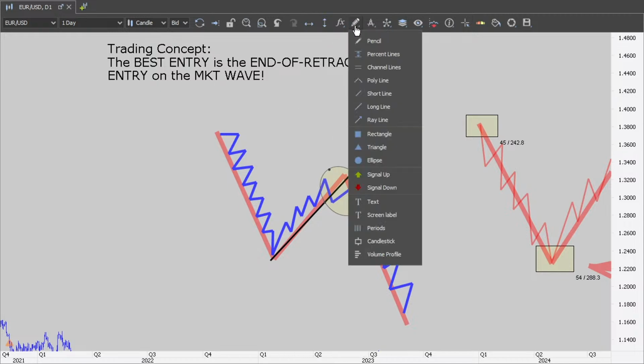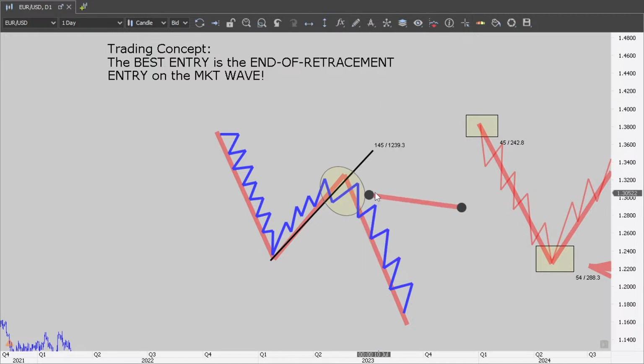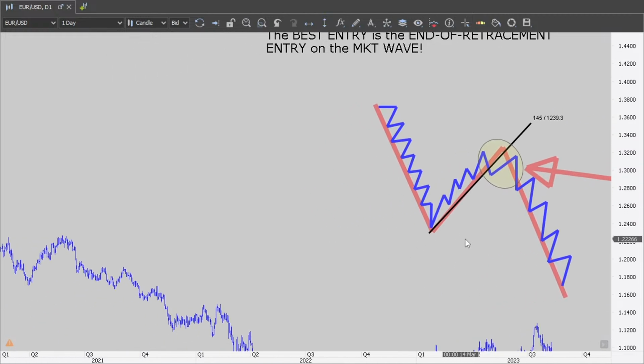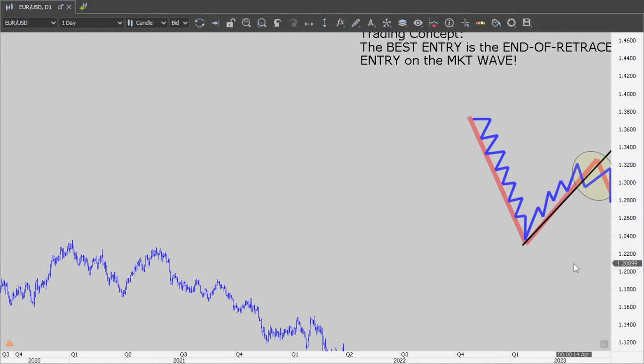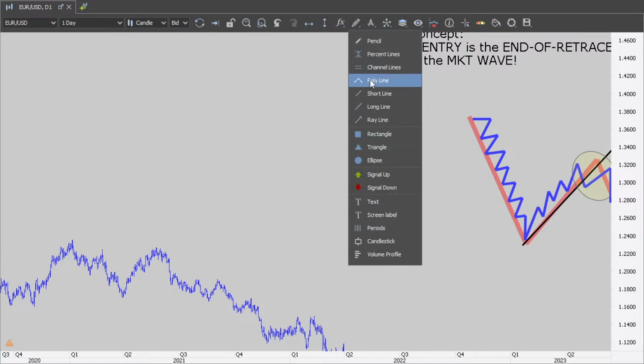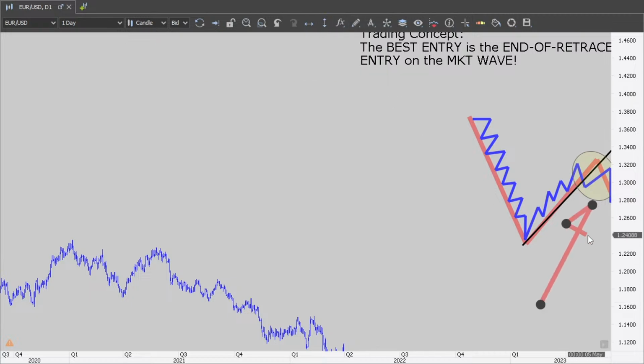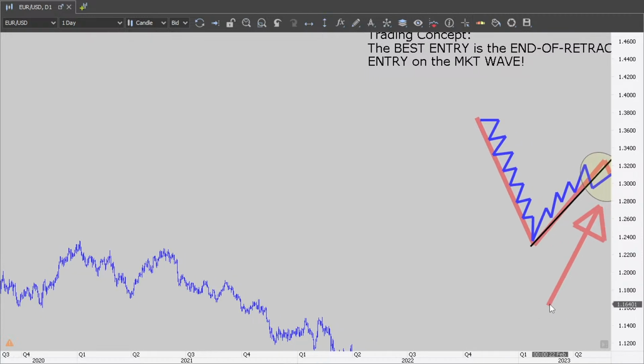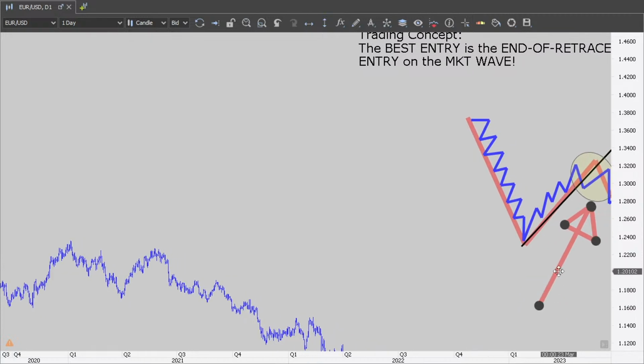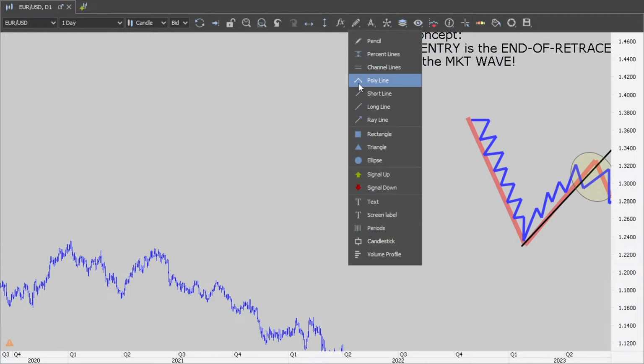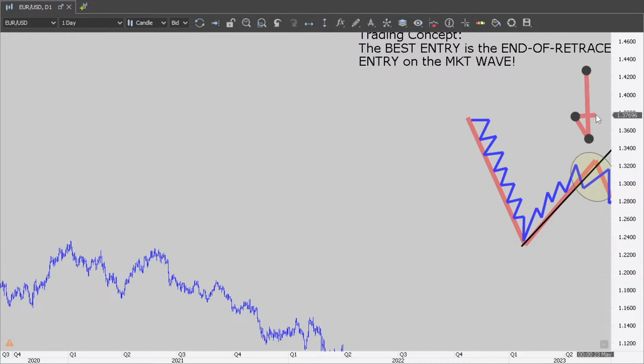But if you enter shorting the market here and you don't see the future, between the red market wave and the blue short-term trend, which one is the driving force? Is the market wave driving the trend down, or is the blue downtrend driving the red market wave down? What is the driving force? Who is stronger?